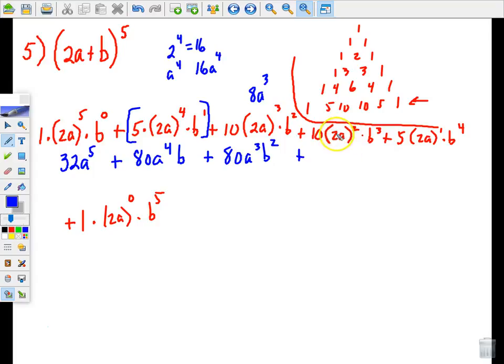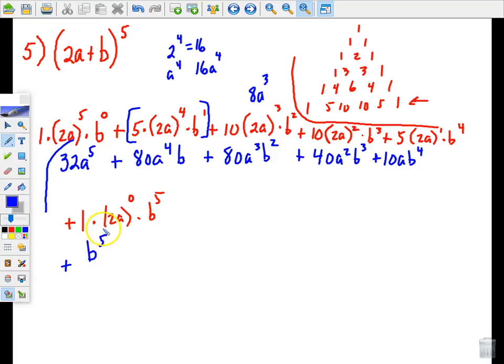Okay, this expression, 2a squared is 4a to the second, and 4 times 10 is 40a squared b cubed. 2a to the first is just 2a, and 2 times 5 is 10, ab to the fourth. And then finally, we have 1 times b to the fifth, and that finishes our answer.